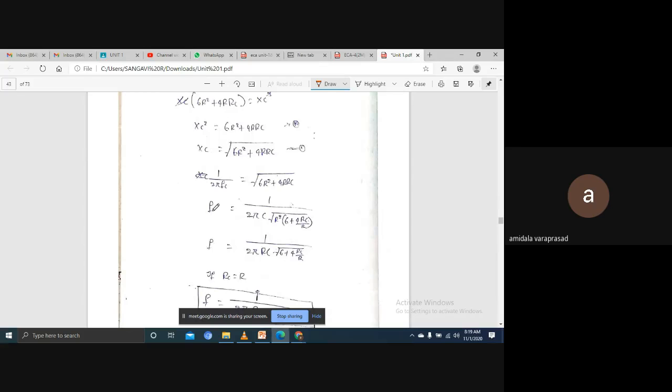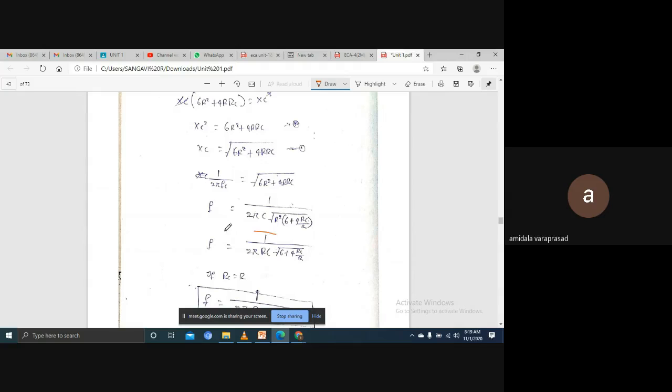So f is equal to 1 by 2 pi C into root of R square plus 4 R RC, taking R square common, R plus 4 RC by R. Bringing R square outside, the square and root get cancelled, so f equals 1 divided by 2 pi RC root of 6 plus 4 into RC by R.